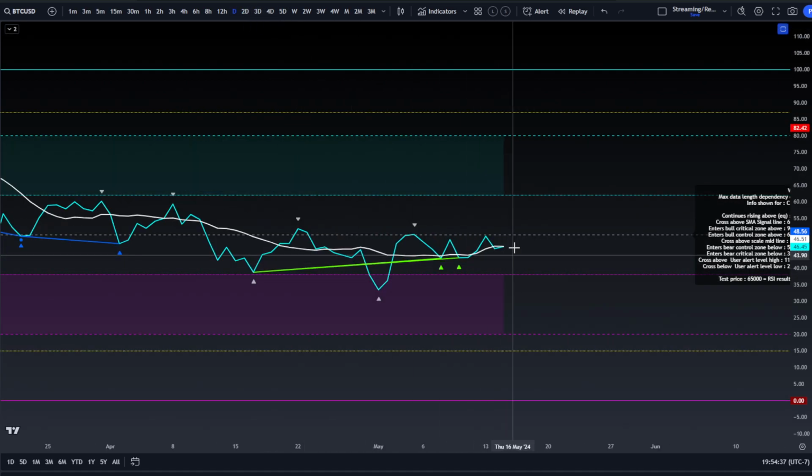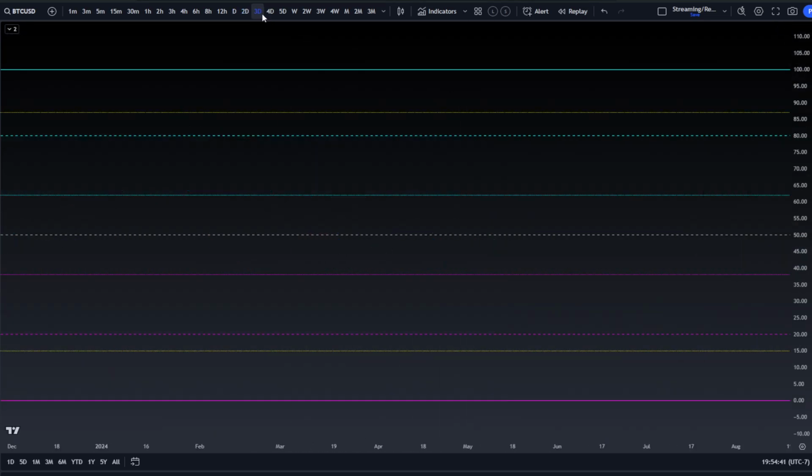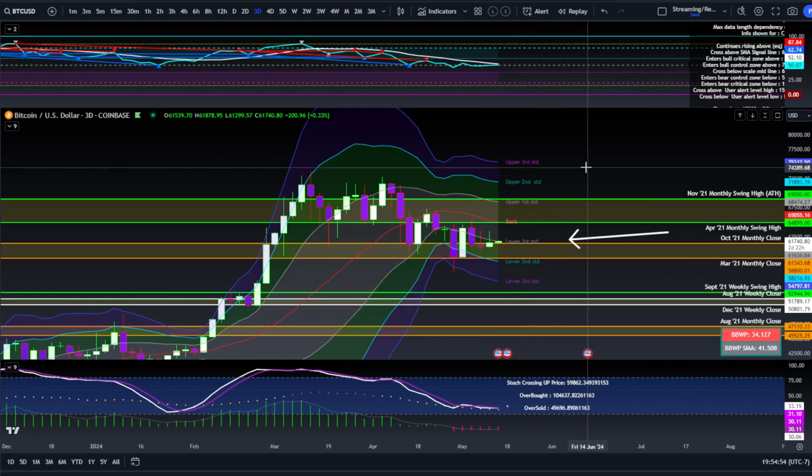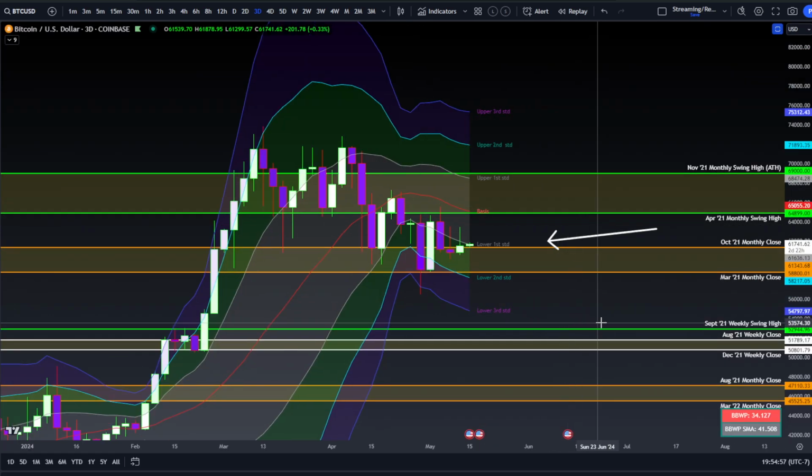What's the daily looking like? Lost it, trying to regain it right now in the lower time frames. So the 3-day has the potential, if Bitcoin does move up in price, I would be watching the daily closes as they relate to the 3-day candles and see if we do get any closures above there. So that is going to be an area of interest.